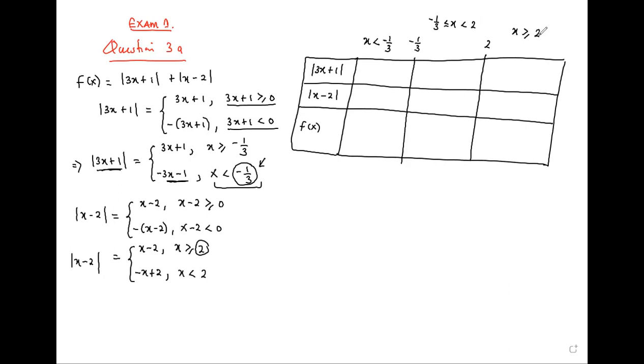Now, when x is less than negative 1 over 3, how have we defined the modulus of 3x plus 1? It is defined as negative 3x minus 1. But when x is greater than negative 1 over 3, this function is defined as 3x plus 1.